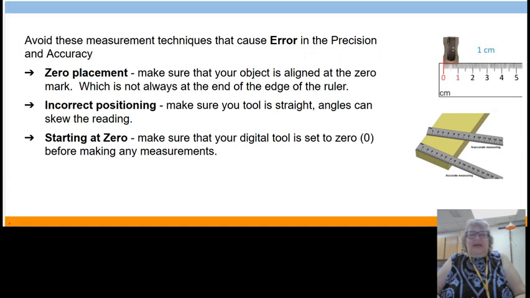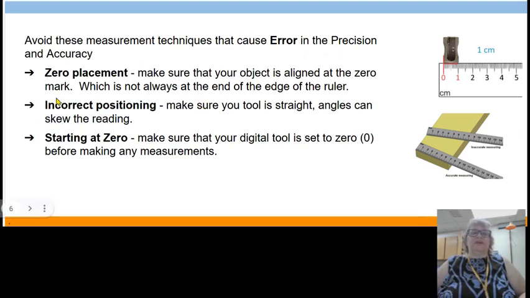Avoid the following measurement techniques because they cause error. We've talked about how the actual ruler itself can have an error, but the way you use that tool could introduce even more error or more uncertainty. And that is not measurable.